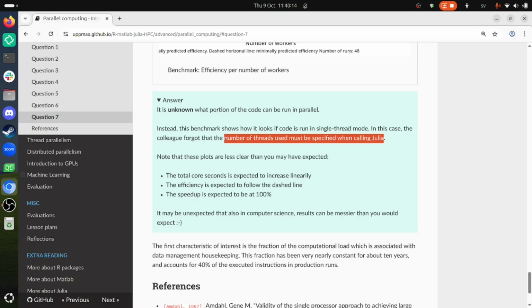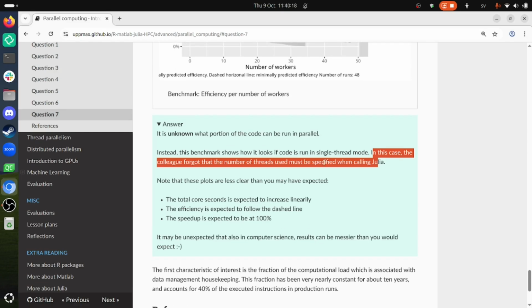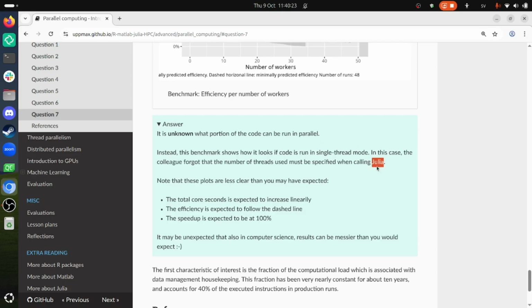And I forgot to set that number. You can allocate as many cores as you want, but if Julia thinks you are only allowed to use one thread, it won't magically look for more. So we don't know what portion of the code can be run in parallel. We do know it's run in single threaded mode, and I know this because I ran this myself in single threaded mode.